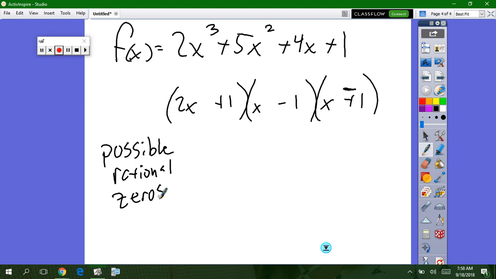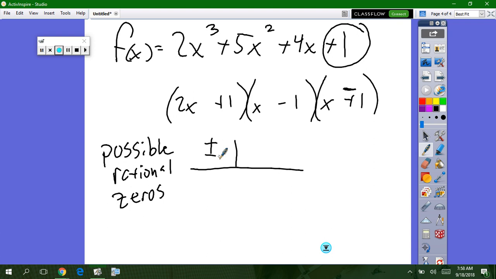Okay, here's what you do: you go ahead and say, what are the factors of the constant? What are the factors of my constant? 1. Okay, factors of my constant, and notice it's not only 1, it's plus or minus 1. Do you guys agree with that? Because I could get -1 times -1 times a positive 1, and that would give me that there, wouldn't it? As we discussed up here, different options.